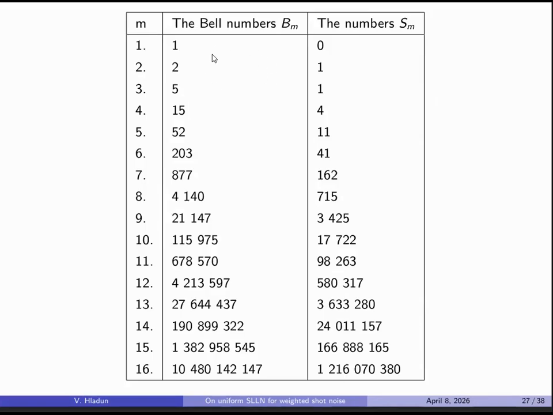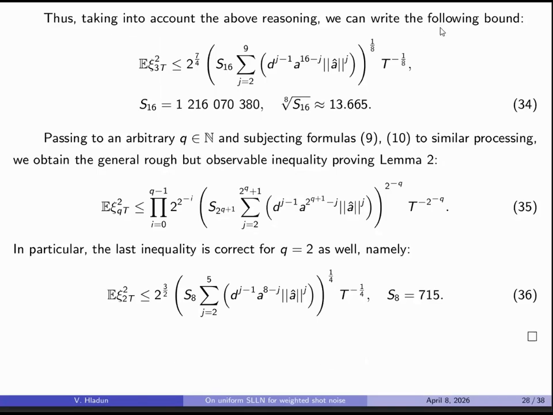So the first column is Bell numbers, that is the total number of terms after applying the Leonov-Shiryaev formula. And the second column contains numbers S_m, that is the number of terms without singletons. Thus, taking into account the above reasoning, we can write the following bound that is given by formula 34.